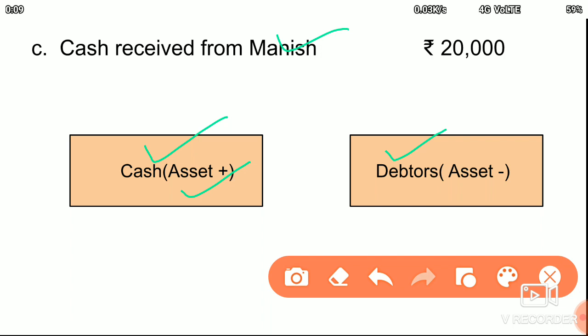So debtors are assets for the business, so assets will decrease in the form of debtors by 20,000 rupees. So the effect in the accounting equation will be cash will increase by 20,000 and debtors will decrease by 20,000 after this transaction.